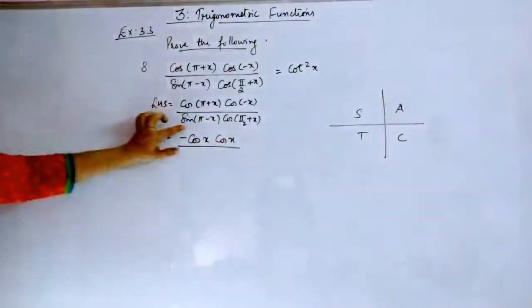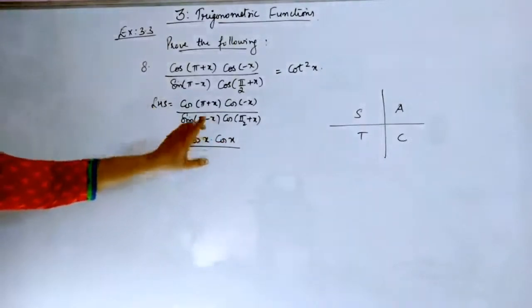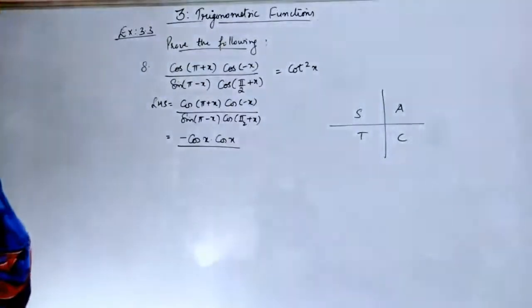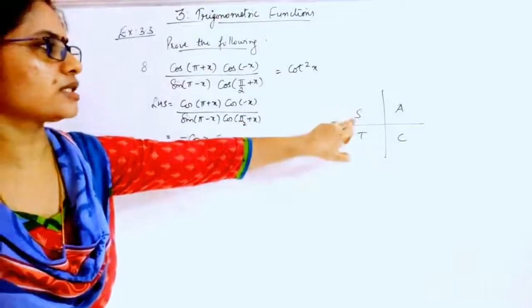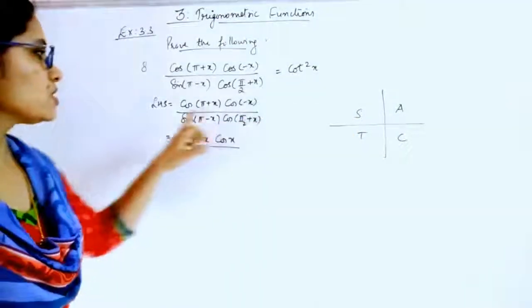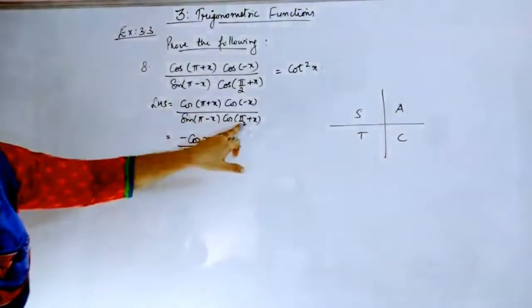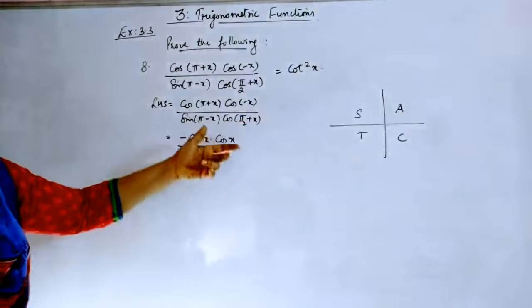Now for sin of (pi minus x), again pi minus means it will give you sin of that angle, but pi minus x is in which quadrant? You have to see, pi minus x will be in the second quadrant, and in the second quadrant sine is positive, so you will get sin x. Okay, and now if you have pi by 2 plus something, it will give you the opposite of that trigonometric function.